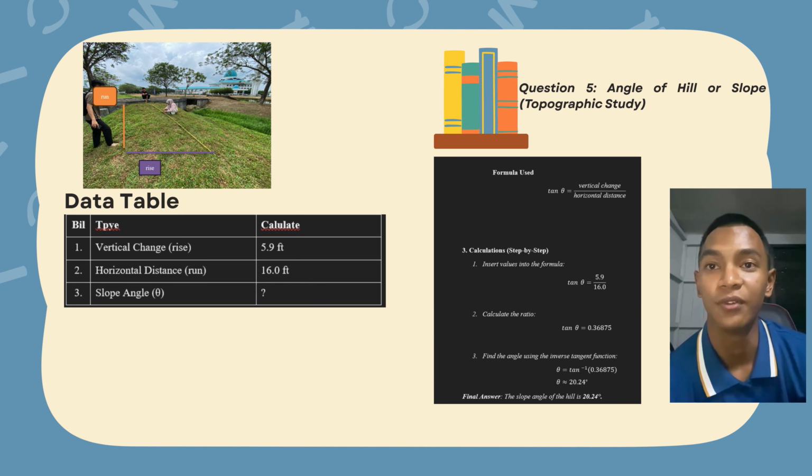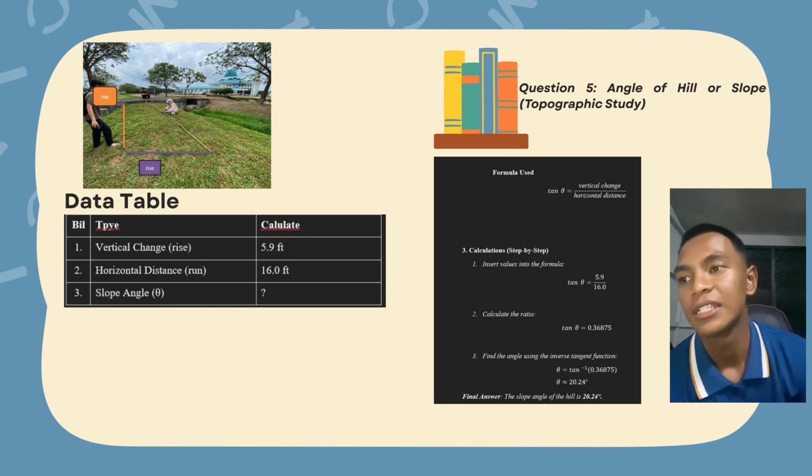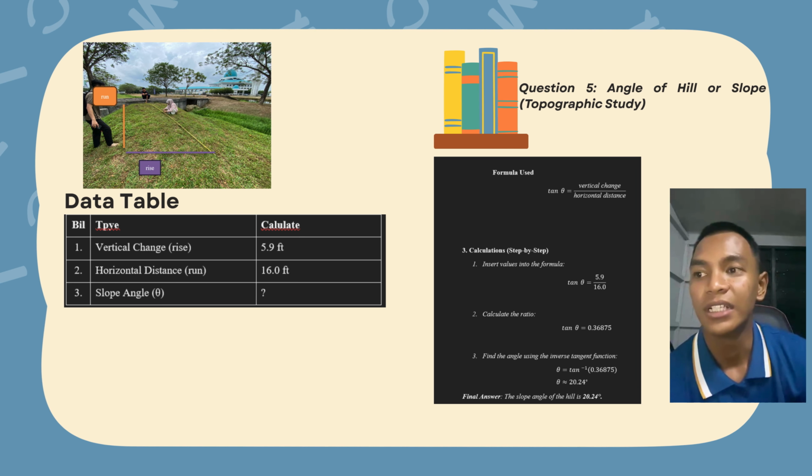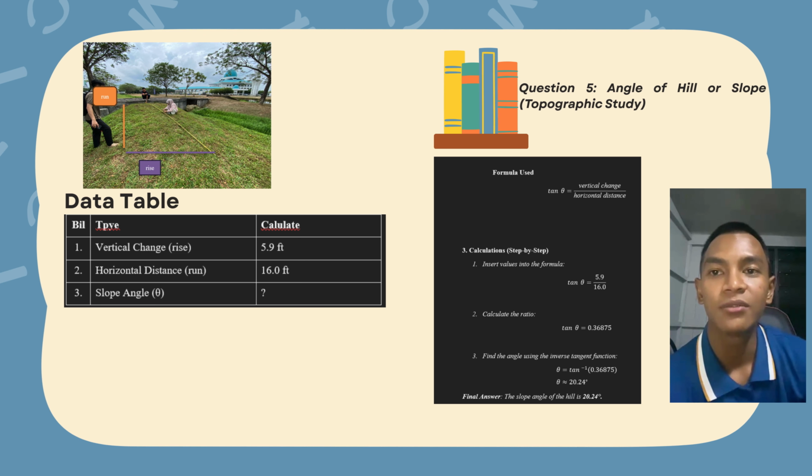Okay, for question 5, angle of hill or slope in topographic study, we need to find the vertical change and horizontal distance to find the slope angle, and the formula used is tan equals vertical change per horizontal distance.